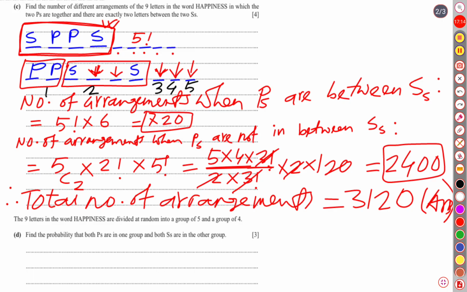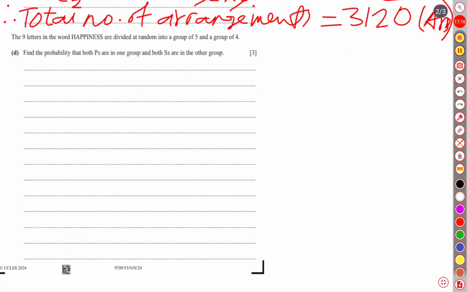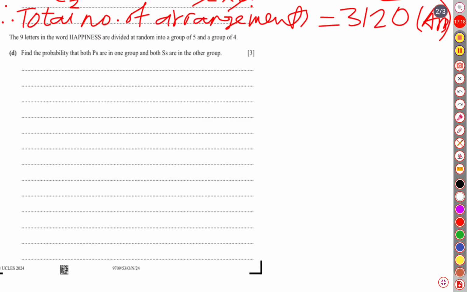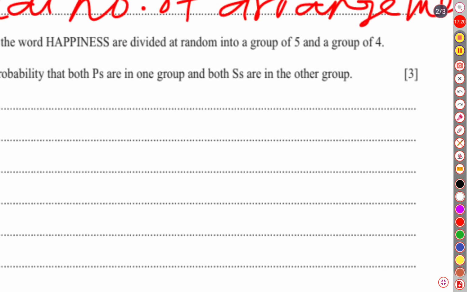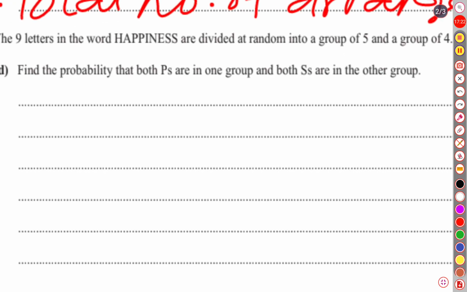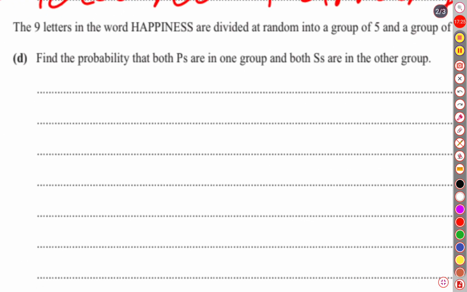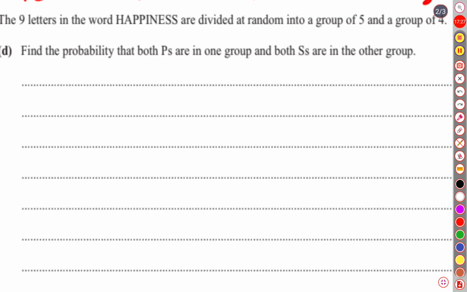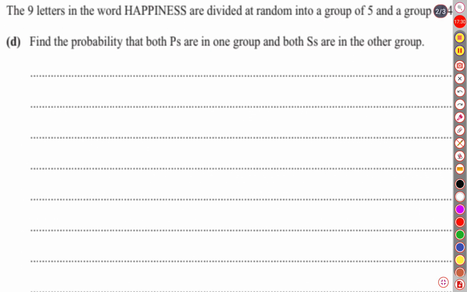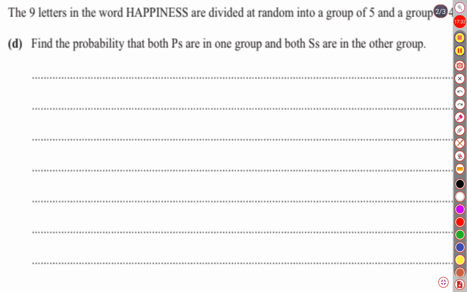The next question is, the 9 letters in the word happiness are divided at random into a group of 5 and a group of 4. Well, find the probability that both P's are in one group and both S's are in the other group. So let us write the scenario.